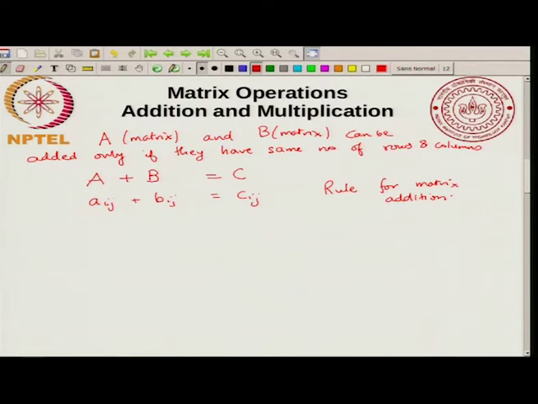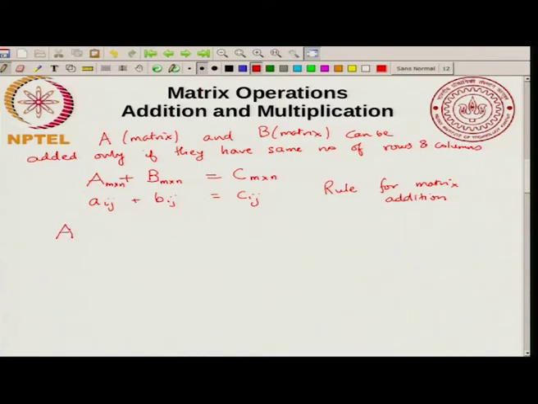What this means is that you have to add the elements term by term. That means you add the ijth element of A to the ijth element of B to get the ijth element of C. So if A is an m by n matrix, B should also be an m by n matrix, and C also is an m by n matrix. What about multiplication?